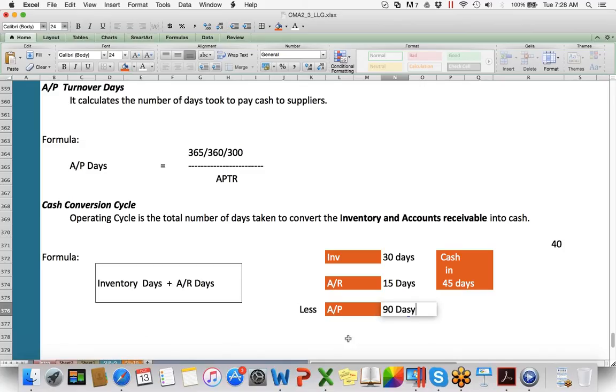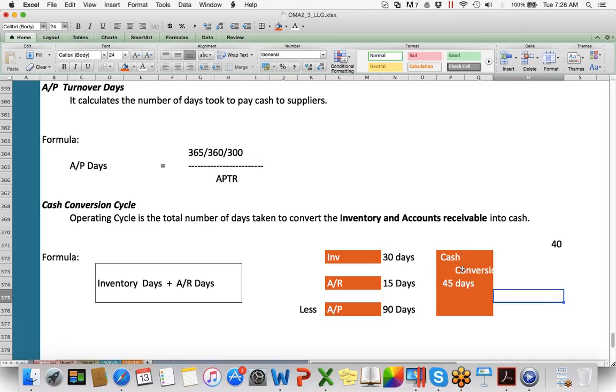Your supplier is giving you 90 days. It's a good thing. Your cash conversion cycle would be minus 45 days.